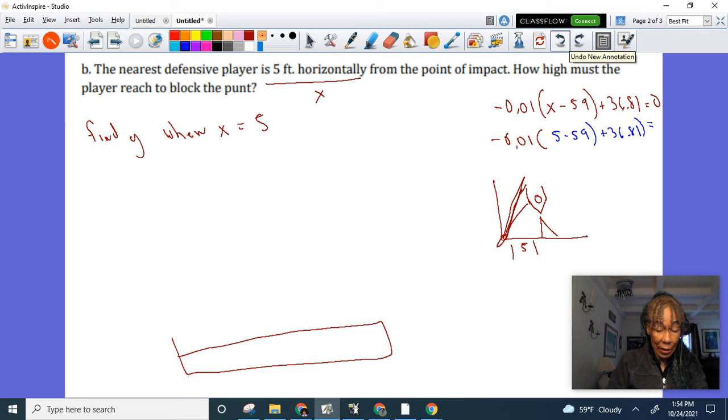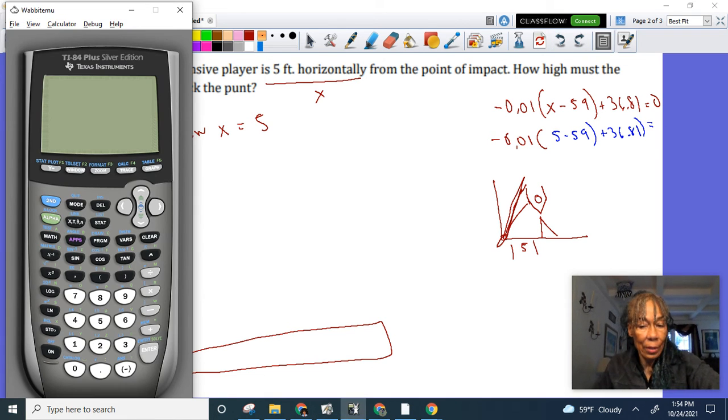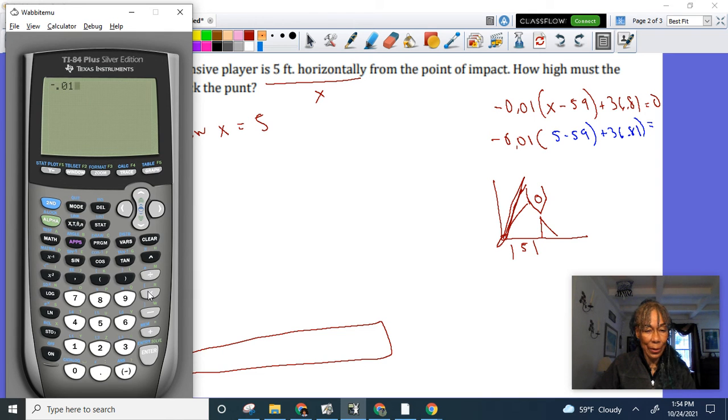So we've got negative 0.01 times 5 minus 59 squared plus 36.81. Whoops.